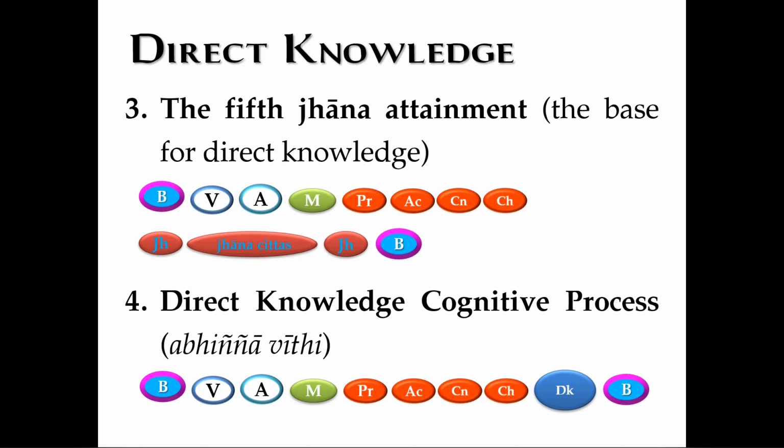In the end he became an arahant, without any jhana. He became an arahant by practicing insight meditation and could not perform any direct knowledge. Those arahants are called sukha vipassaka arahants, dry insight arahants.